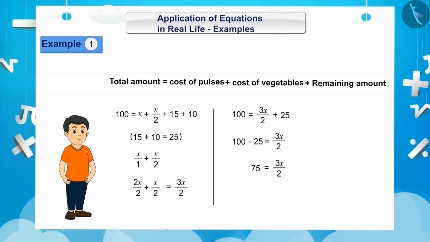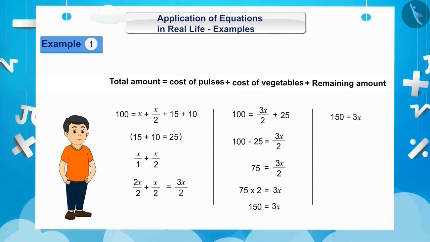Now instead of 3x by 2 in the RHS, we need only x. Since 2 is dividing 3x in the RHS, it would multiply in the LHS. Our new LHS will be 75 into 2. Our new RHS will be 3x. Therefore, our equation will be 150 is equal to 3x.